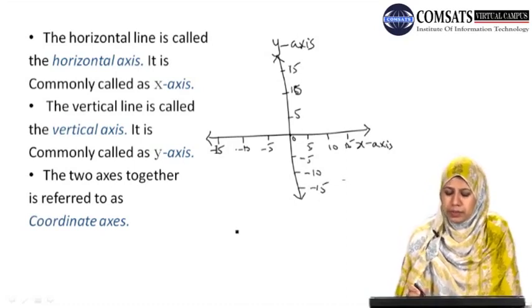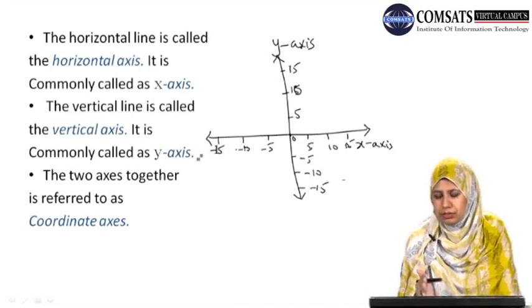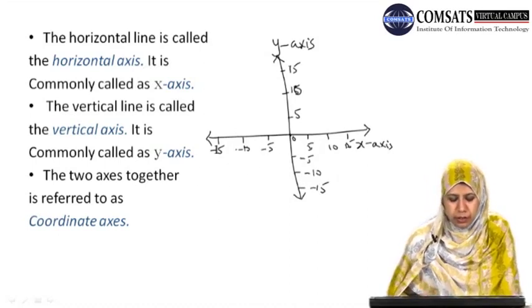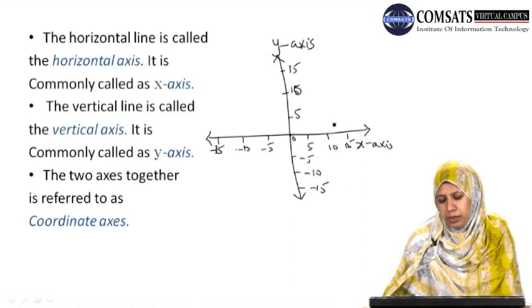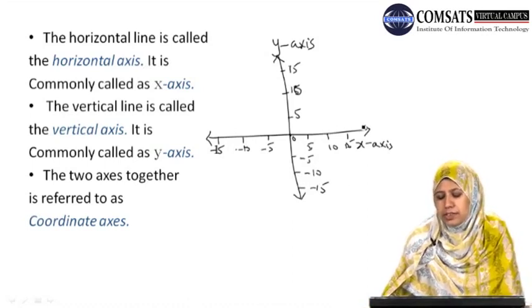All together, such two lines which intersect at their respective zeros are known as coordinate axes, where the horizontal line is the x-axis and the vertical line is the y-axis.